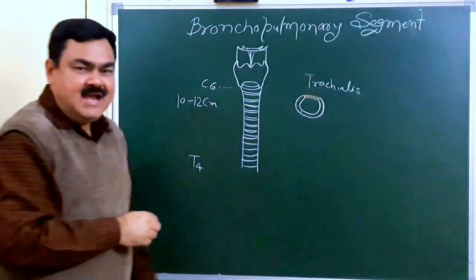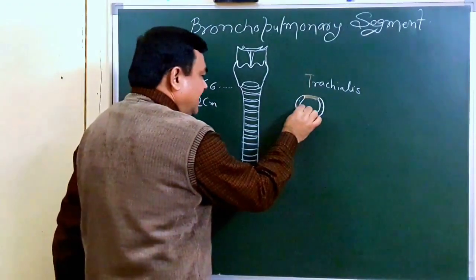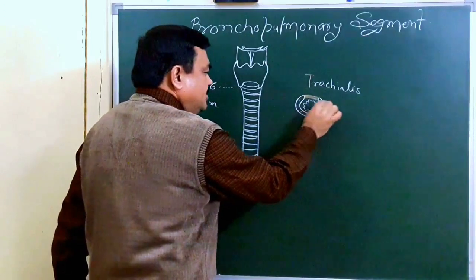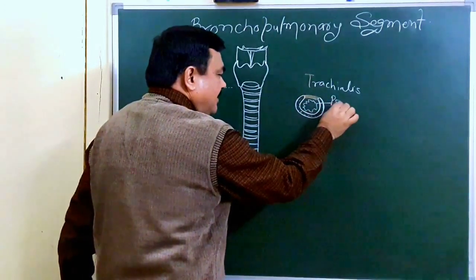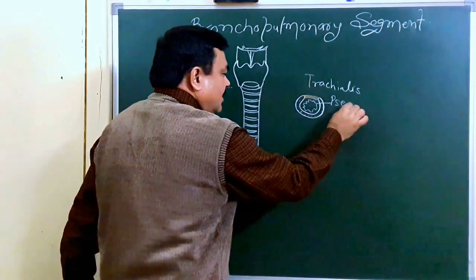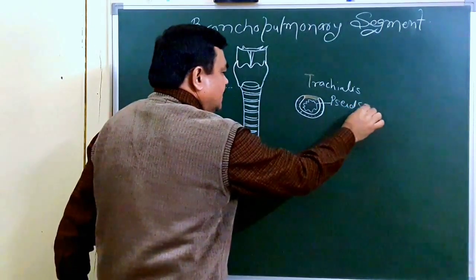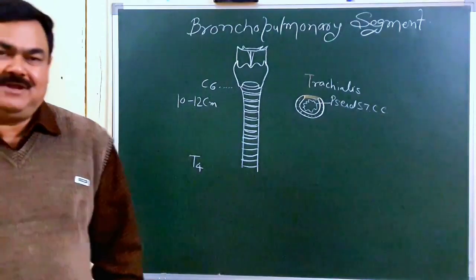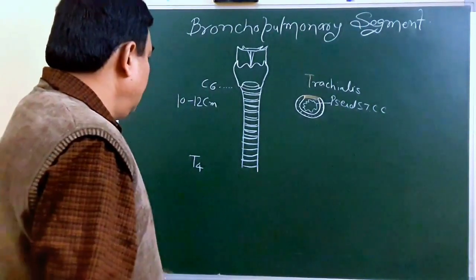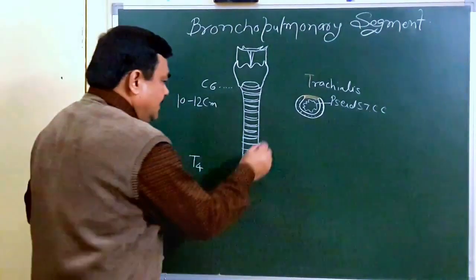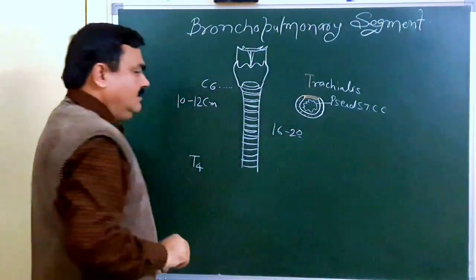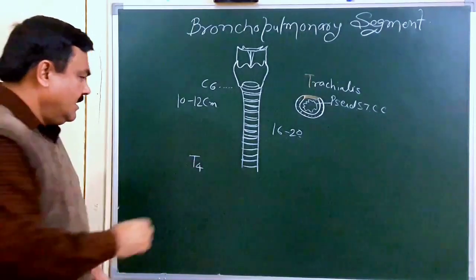It is internally lined by respiratory epithelium, that is pseudo-stratified ciliated columnar epithelium. It has 16 to 20 cartilaginous rings.